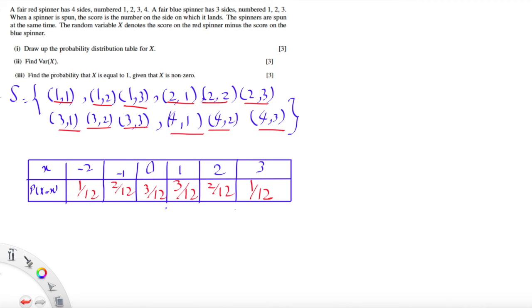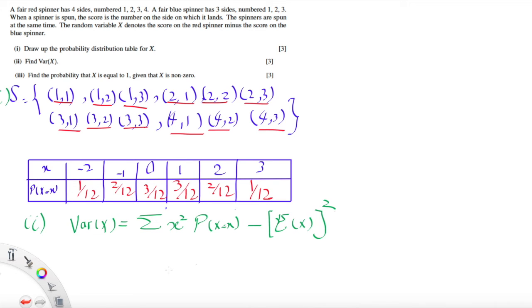Now for the second part, which is variance of x. We know that the formula of variance of x is equal to sigma x squared p of x minus mu, or E of x, squared. First I find E of x.